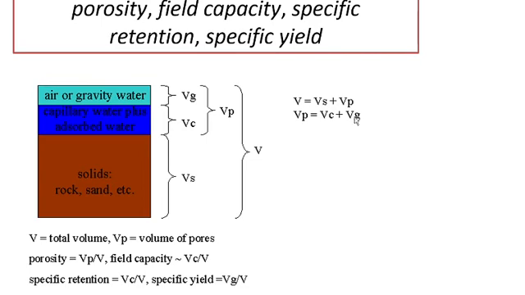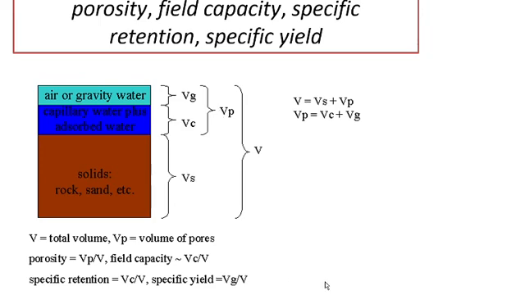This is the gravity water, and this water can be drained. This water is going to be retained, this water is going to move forward. So this is the total volume, in which Vp is the volume of pores, and then this is the volume of solids. Volume of solids and volume of pores.